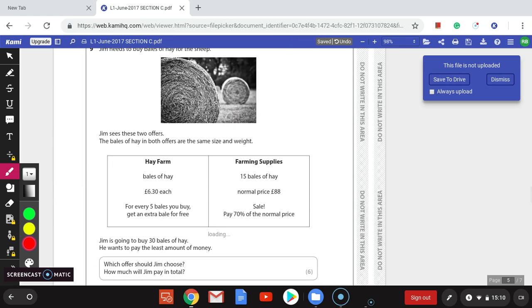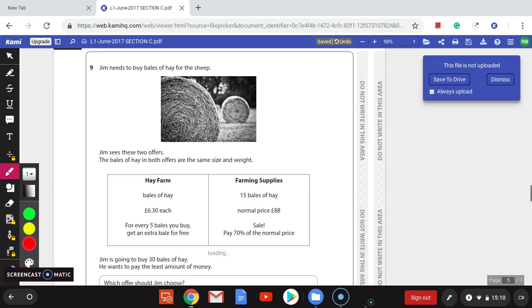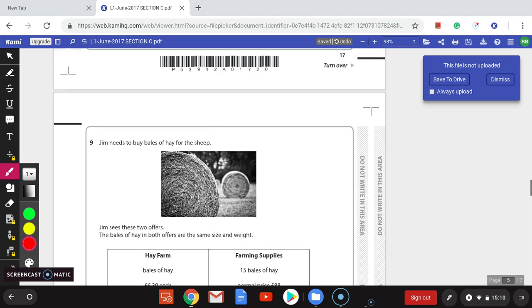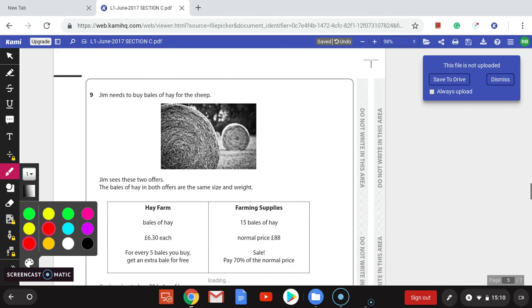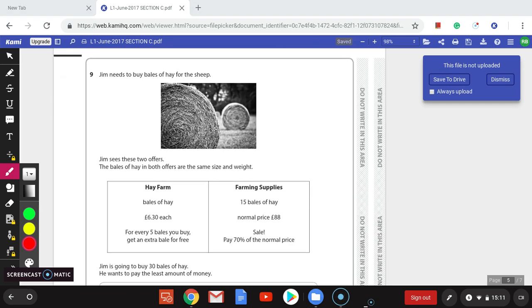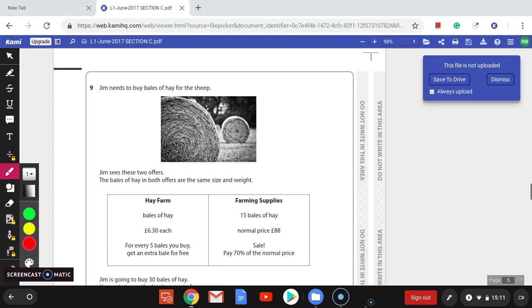And now the very last question, question 9. And this is a fairly tricky question for a lot of learners. This is what we call a special offer type of question.